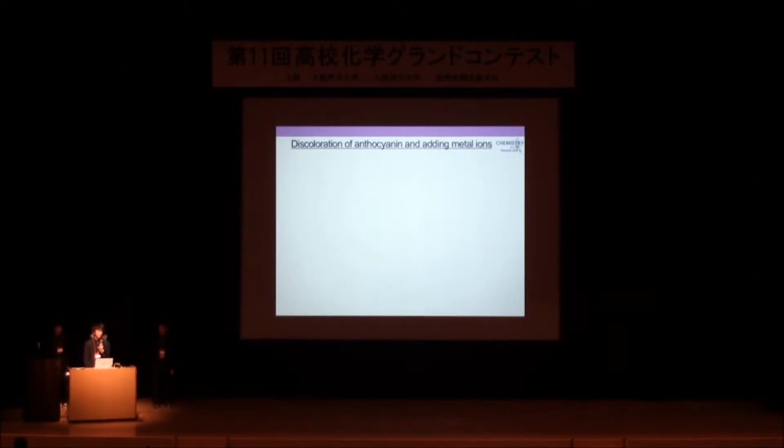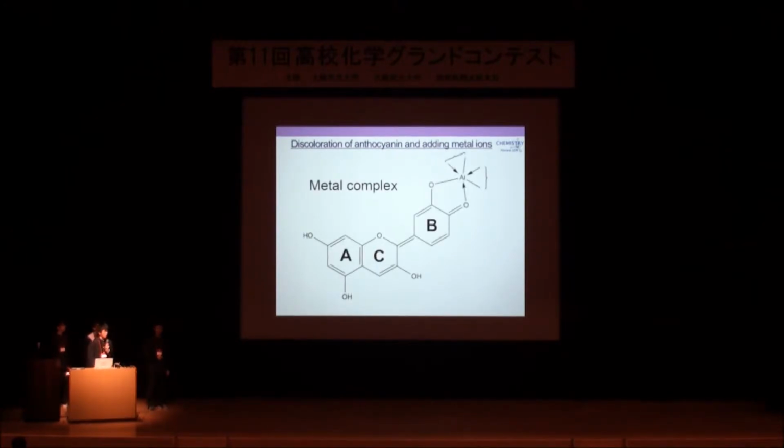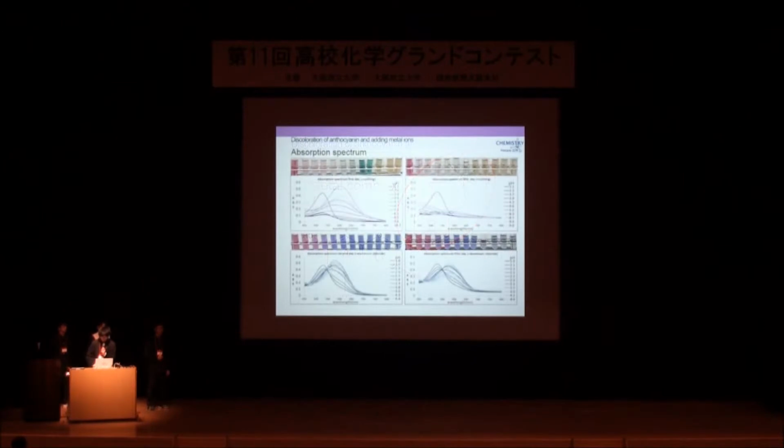By adding metal ions, anthocyanin changes its state of coloration and discoloration. Anthocyanin forms the chelate complex on the hydroxy group or methoxy groups of anthocyanidin. We added two metal ions, the aluminum ions and divalent ions, into nasunin solution. I will introduce the example, the aluminum ion. In pictures, left sides are acidity and right sides are basic.